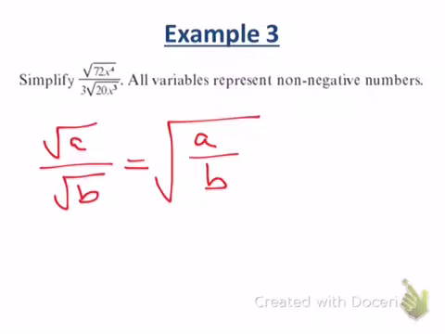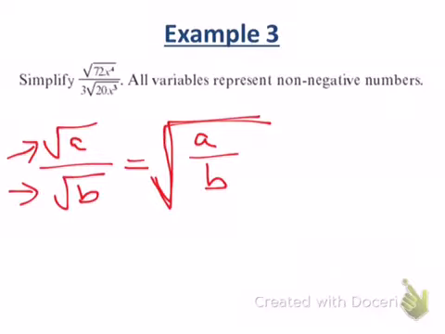So we can take those two radical expressions that are separated and put it all under one radical. That's what this property says: the quotient of two square roots is equal to the square root of the quotient.